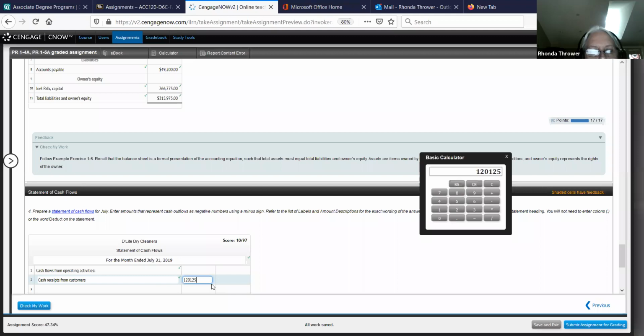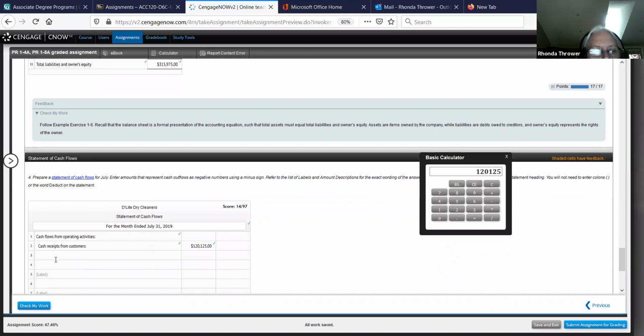I'm going to check my work. And it's the correct amount. So that actually came from 2 transactions where we received cash from our customers. One was a revenue transaction and one had to do with accounts receivable. So this is all the cash increases that we had that were from customers.